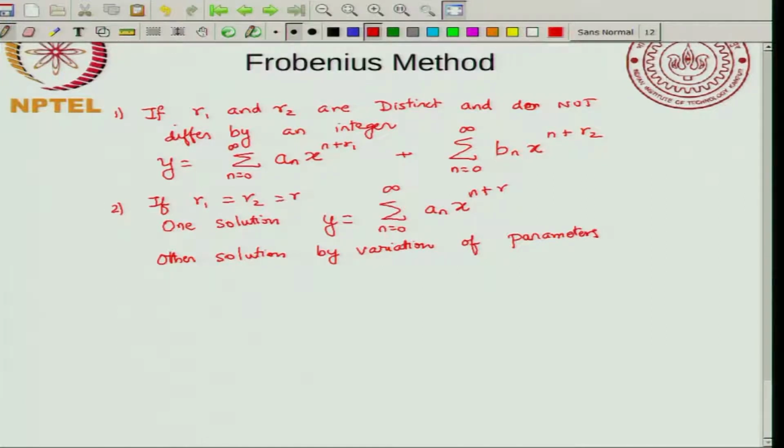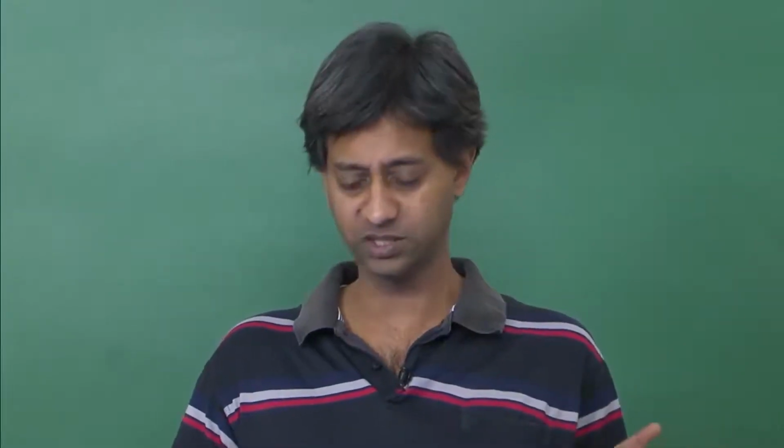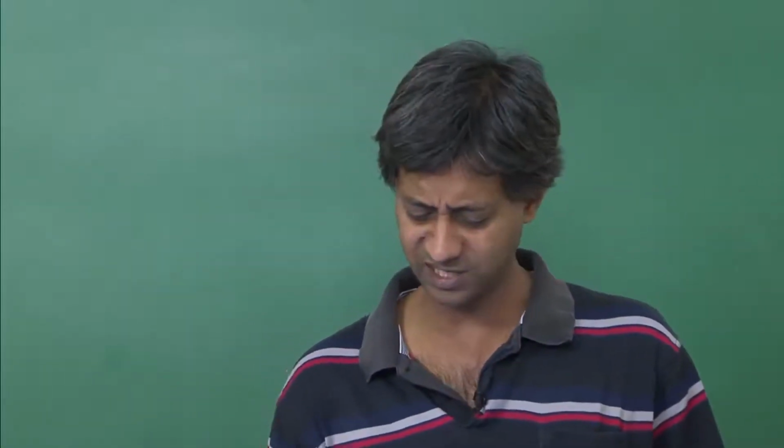We have already seen that if you have a homogeneous equation, then the general solution has two undetermined constants, so it has two independent solutions. If you have one solution, then you can get the second solution using variation of parameters. I won't bother showing what the variation of parameters does, but in general you can do this.